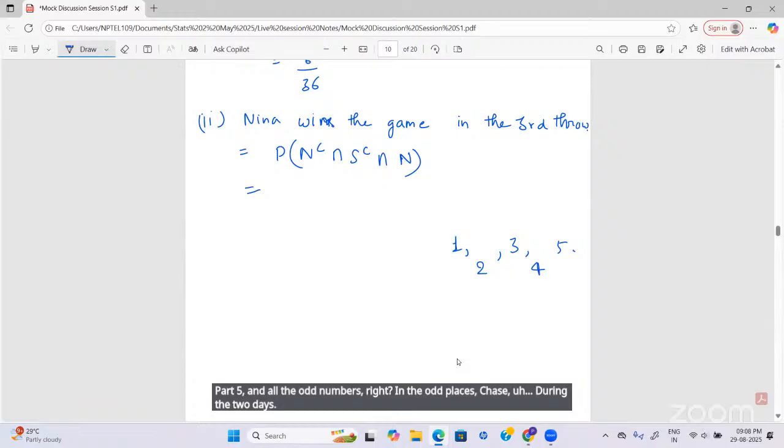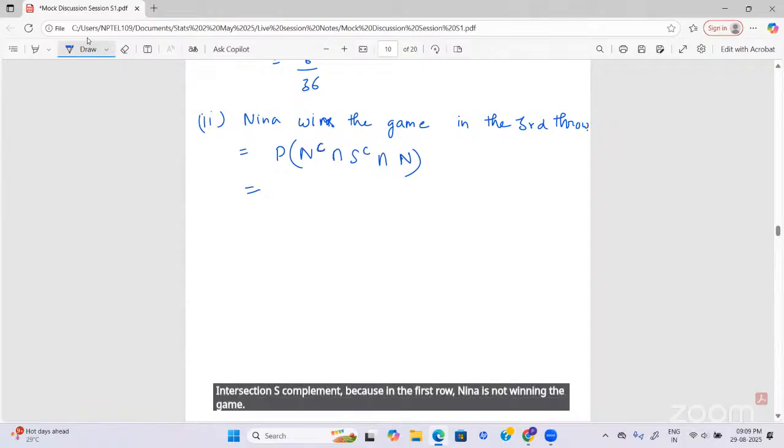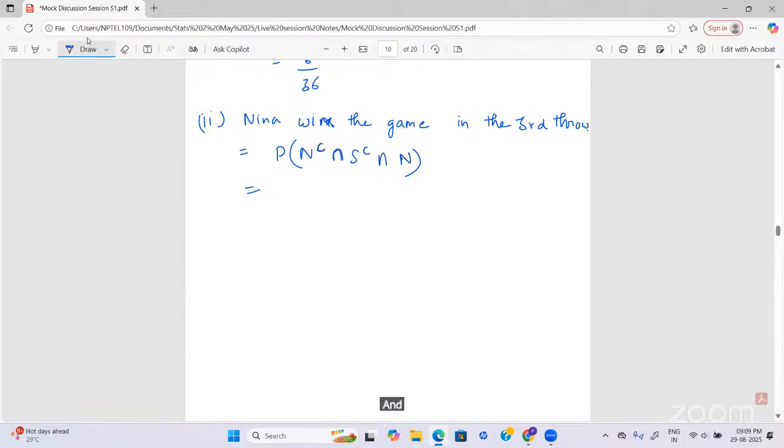So either she can win in the first throw, or in the third, or in the fifth, and it will go like this. Now in the first case, ma'am, what you have written is N complement intersection S complement, because in the first throw, Nina is not winning the game. And there is an and condition, right? After the first throw, Sam will throw 2 dice in the second chance.